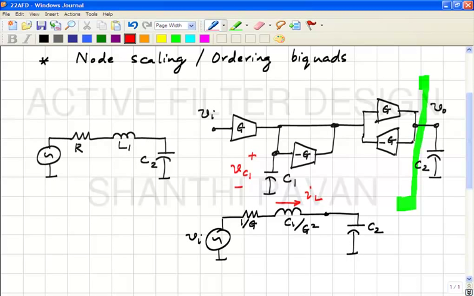So what is the constant of proportionality? Okay, VC1 must be what into IL1? Yeah, what might be that impedance?